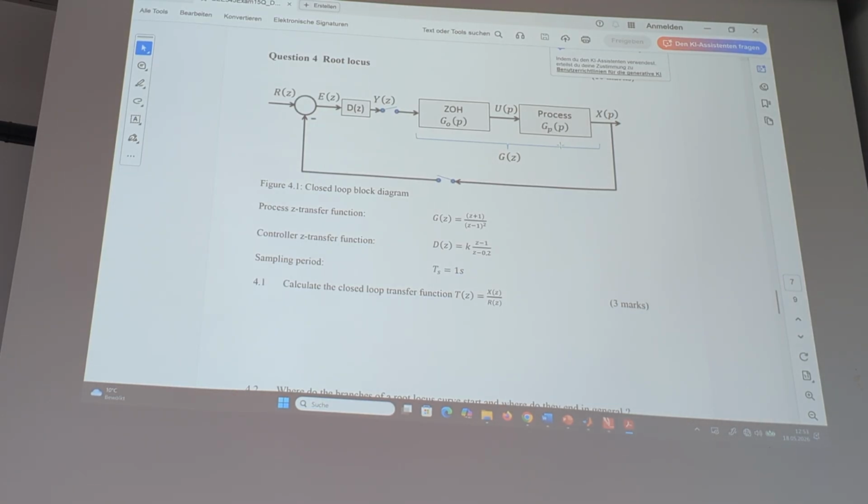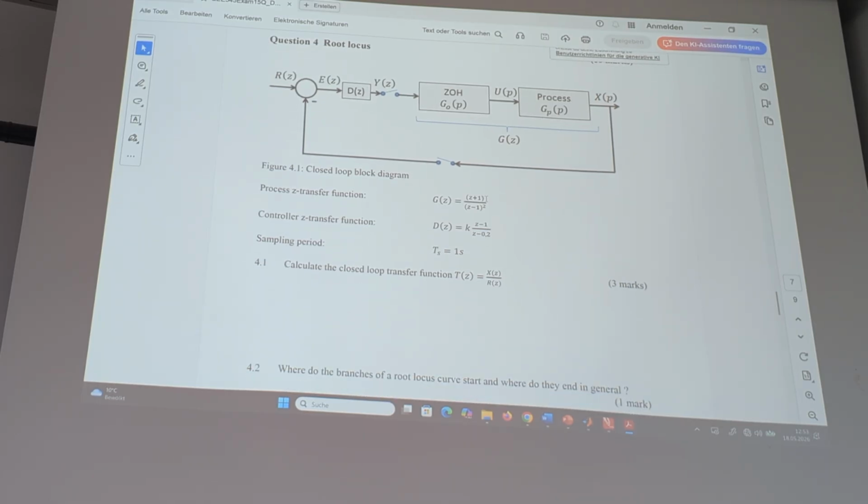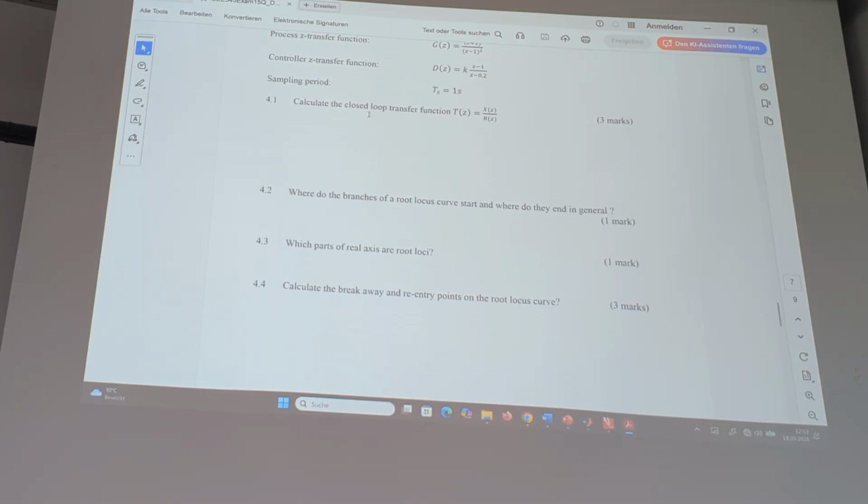The process plant G of Z is given, actually similar to the example in our slides. The controller transfer function and the sample time are given, and the task is the calculation of the closed loop transfer function T of Z.